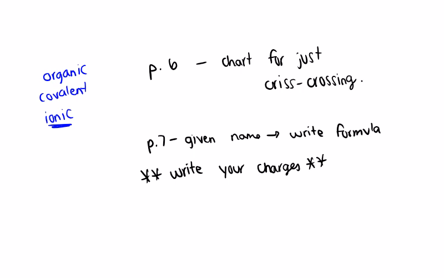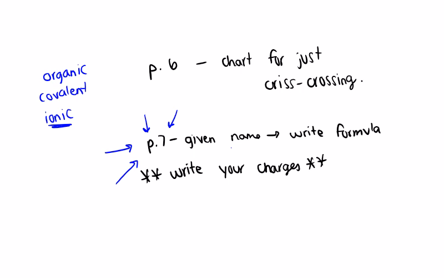So in your unit book, on page 6, there's a giant chart where you can just crisscross your charges in the box. You don't have to do that, but if you feel like you need more practice crisscrossing, you have that available. I would definitely look at page 7, okay? Because on page 7, you are given the name and you write the chemical formula.